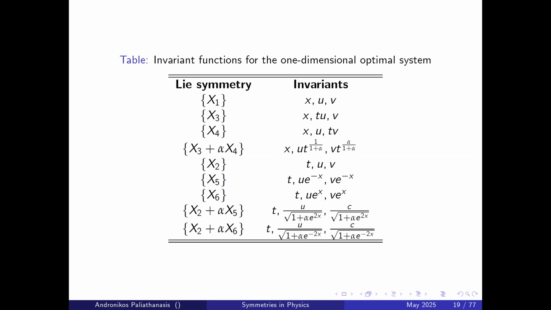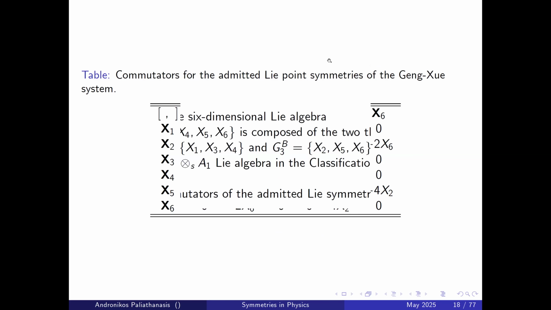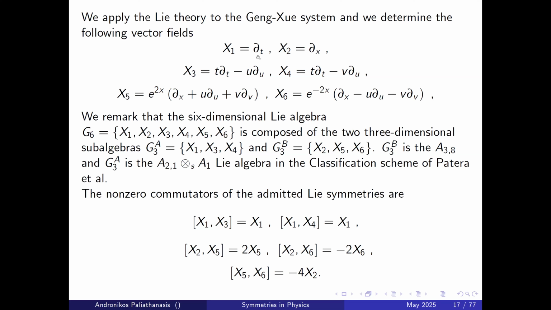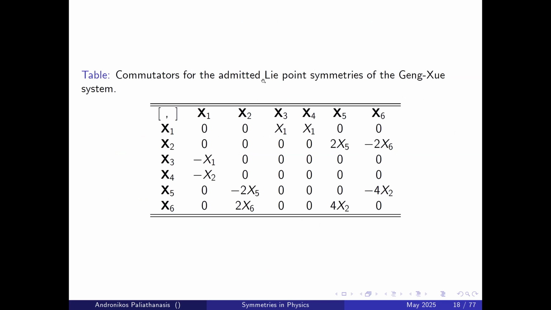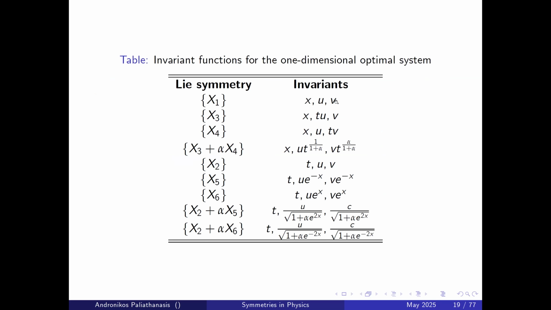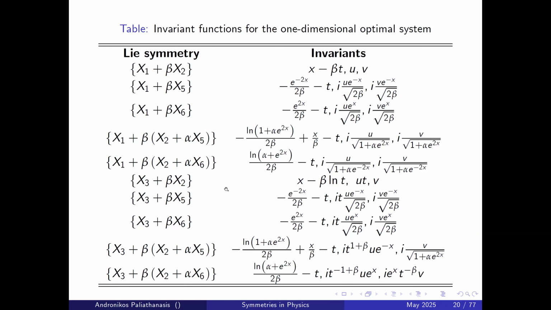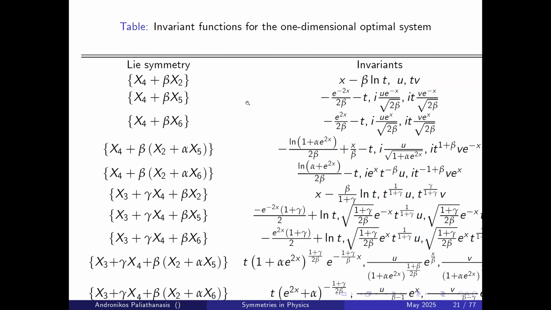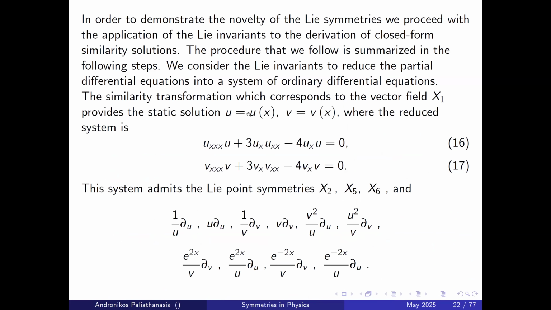For instance, X1 is a translation in time, and the invariants are x, u, and v. For X3 the invariants are x, t, u, v, etc. And these are all the invariants that we can construct from the Lie symmetries. These can be used to reduce the equation and simplify it.